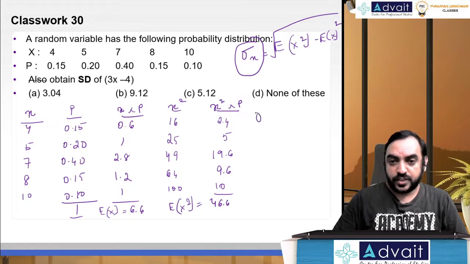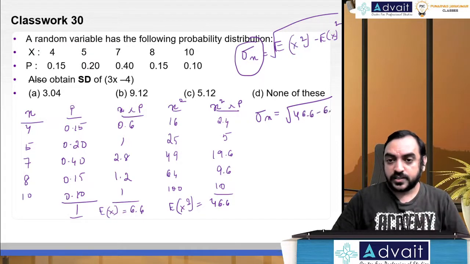So I'll use the standard deviation formula: square root of E of x square, which is 46.6, minus E of x the whole square, 6.6 square.